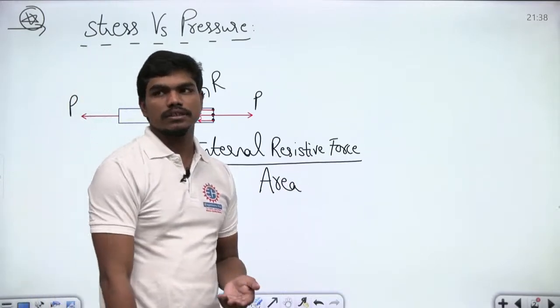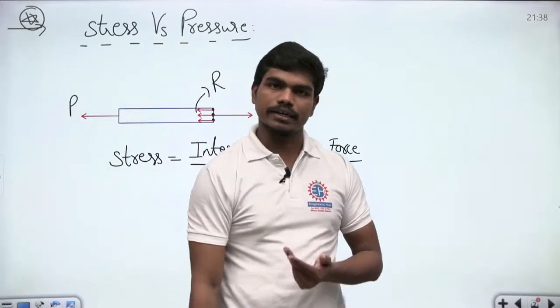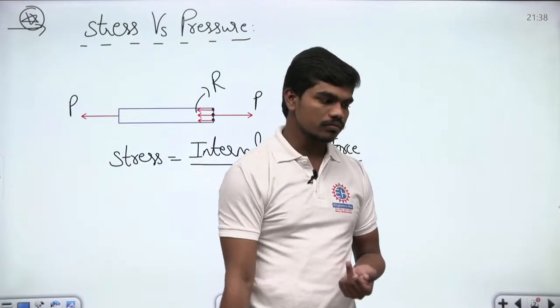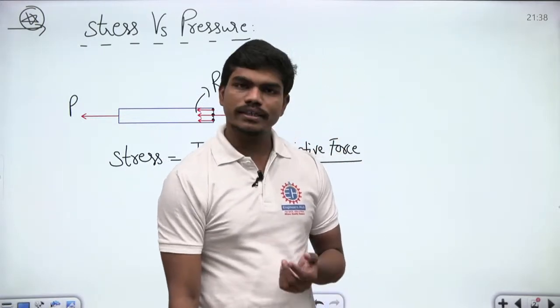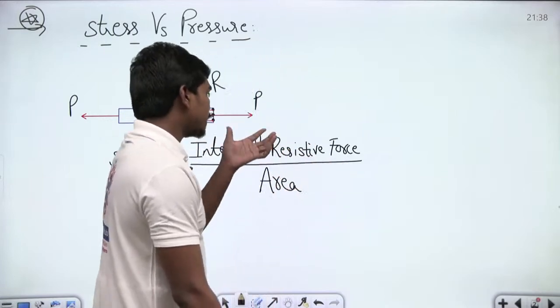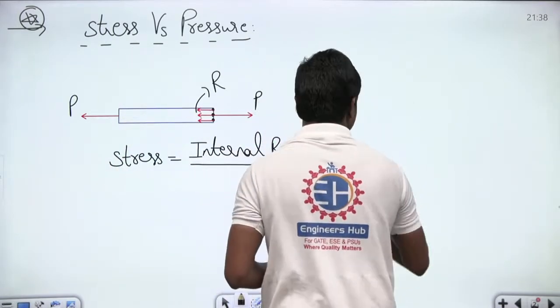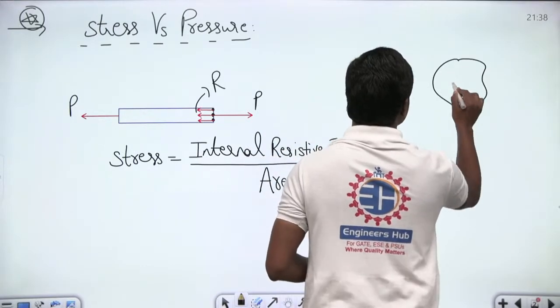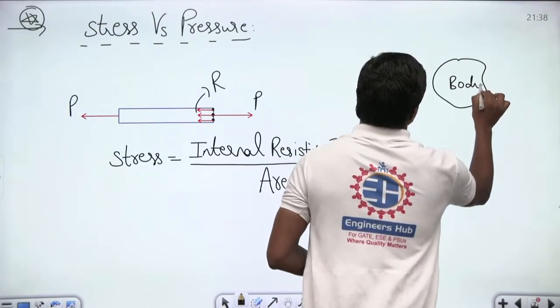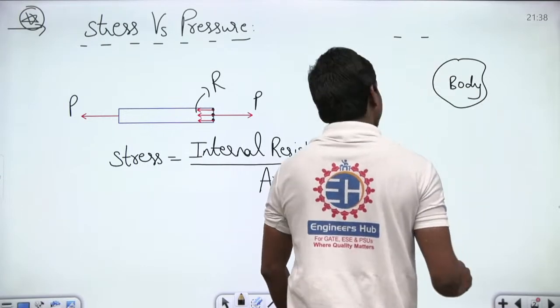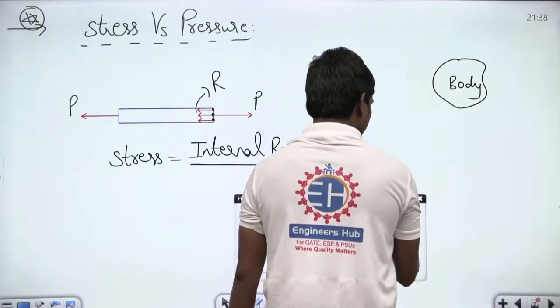Now what is pressure? Stress is an internal effect, correct? So what is pressure? Stress is basically some internal resistive force per unit area, but pressure is different. Suppose there is some body in a bulk of fluid. Let us draw some bulk of fluid.